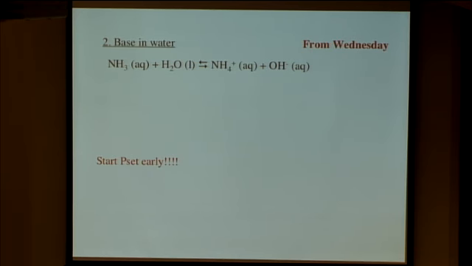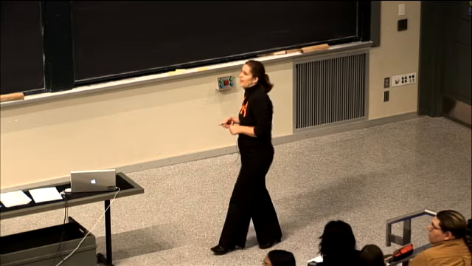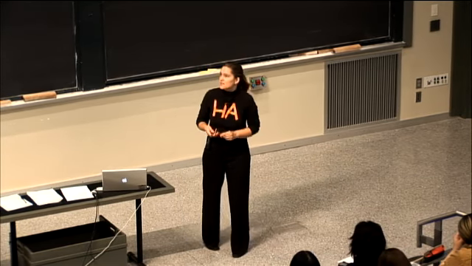So here we have a base in water. And when we're talking about a base in water, we're going to talk about a base ionization constant, or Kb. So at the end of last class, we talked about the acid ionization constant, or Ka. And when you're talking about bases, you're going to talk about Kbs.